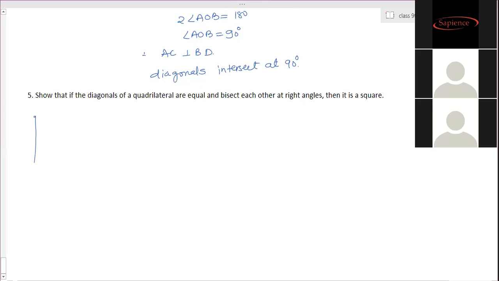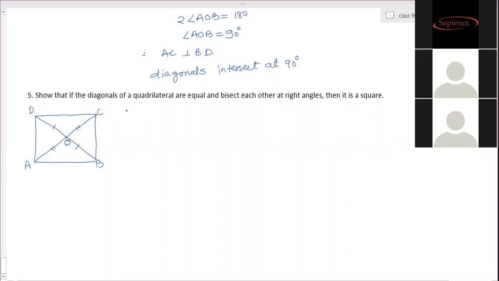They're asking us to prove square, so we will draw a square. A, B, C, D. Diagonals are bisecting each other at O. So they have given OD is equal to OB, OA is equal to OC.